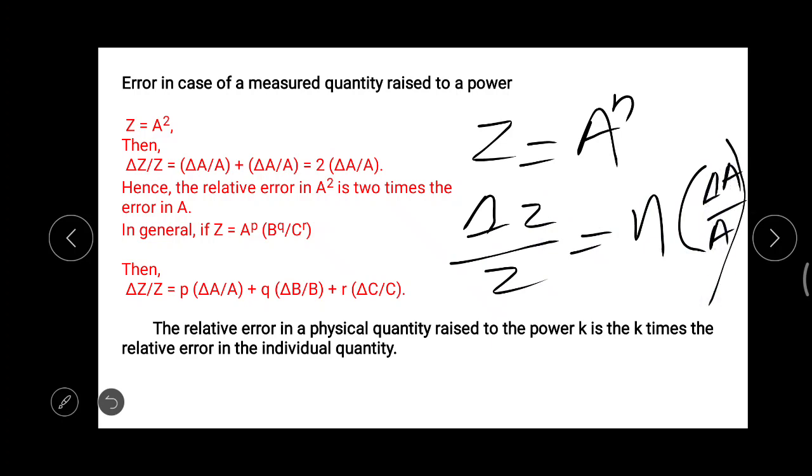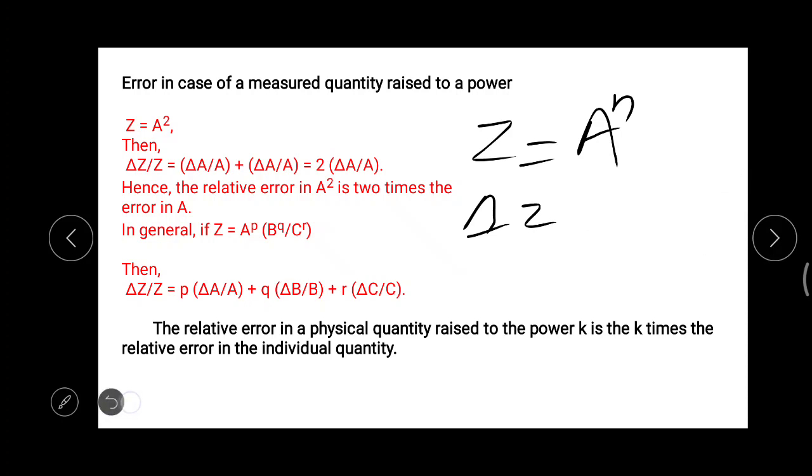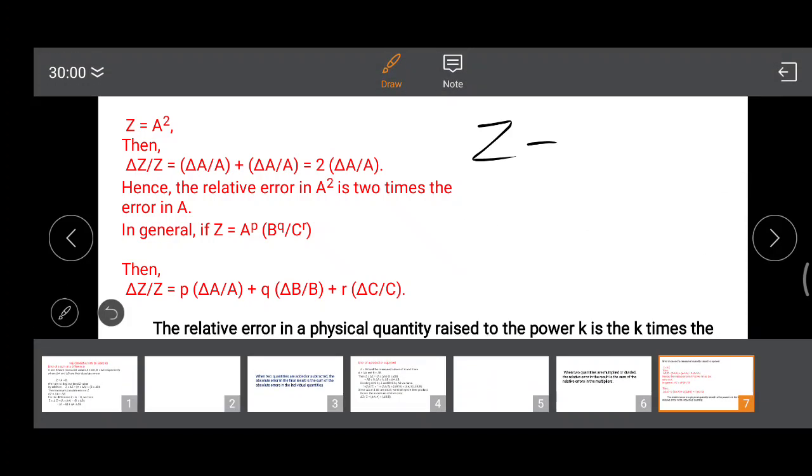That is regarding the error in the case of a measured quantity raised to some power.